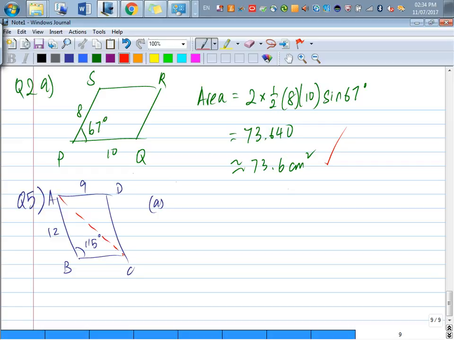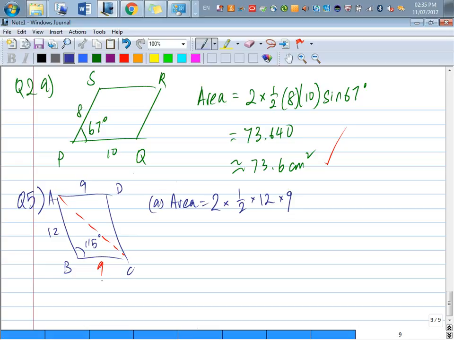Then the area of this parallelogram will be 2 times half times 12 times 9, right? Because over here we also have 9. So this is the part you need to fill in yourself. This part is also 9, yes?